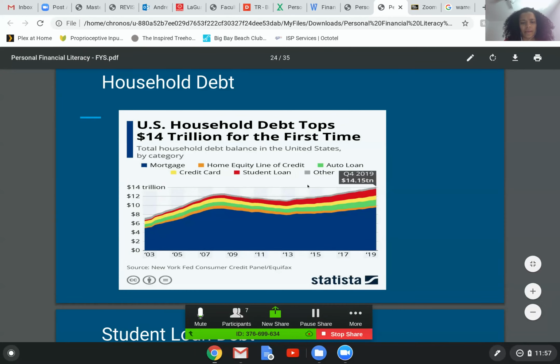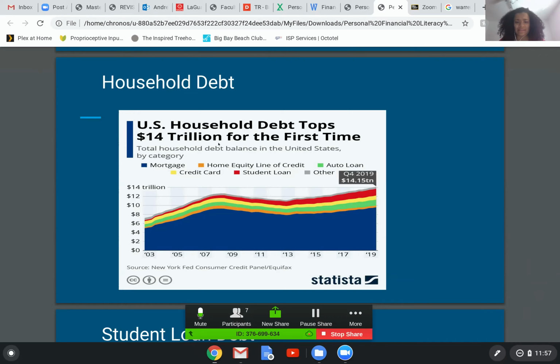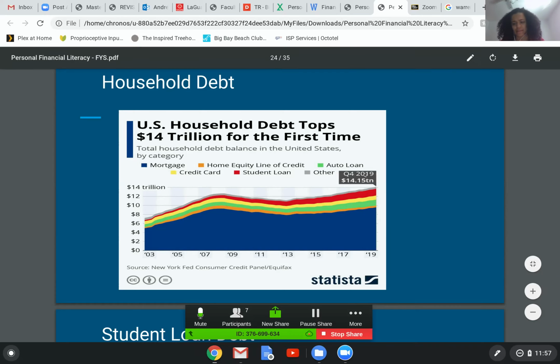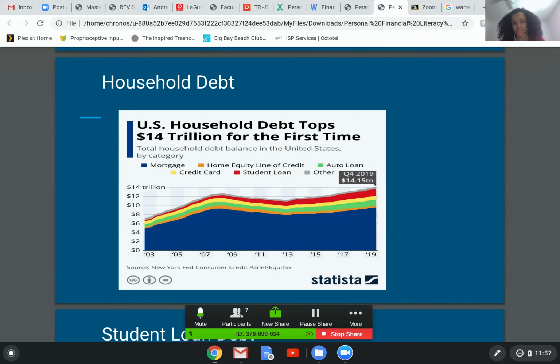I just want to mention that household debt, and you can see what it's comprised of: mortgage, home equity line of credit, car loans, credit cards, student loans, and so on, is at 14 trillion. As of the fourth quarter of 2019, which means September through December of 2019, very recent numbers.